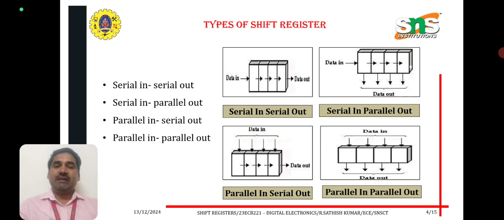Serial in, parallel out means the data in will be serial and the output will be parallel data out. Next, parallel in, serial out: parallel data input, and we get the serial data output. Parallel in, parallel out: data can be entered in parallel and produces parallel output, that is nothing but PIPO.